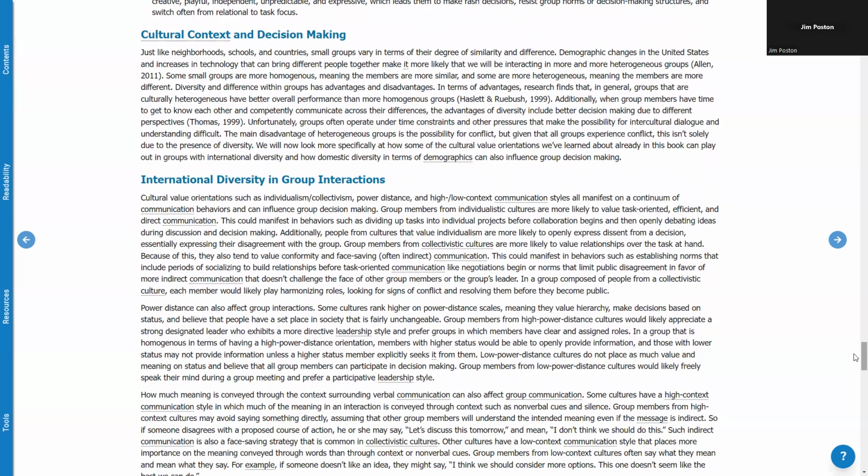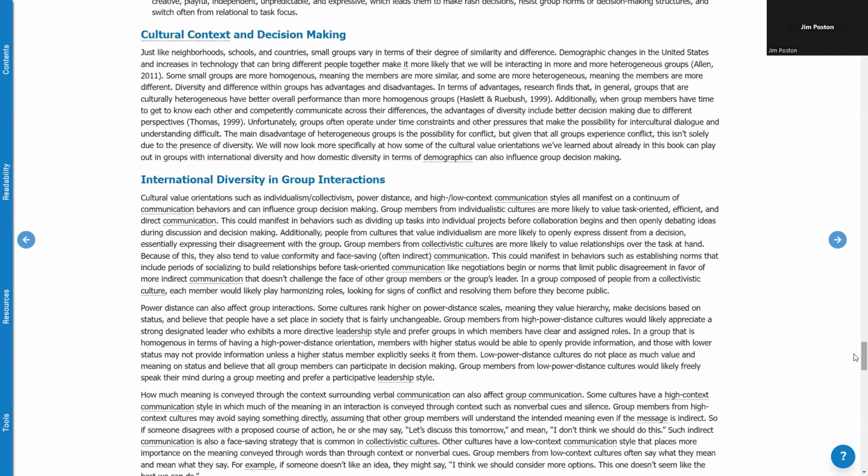In terms of advantages, research finds that in general, groups that are culturally heterogeneous have better overall performance than more homogeneous groups. Additionally, when group members have time to get to know each other and competently communicate across their differences, the advantages of diversity include better decision making due to different perspectives.